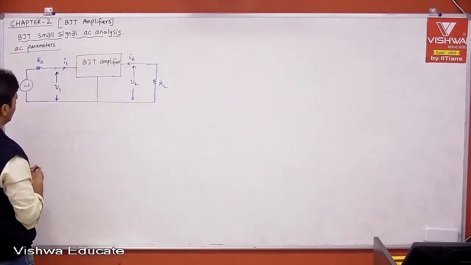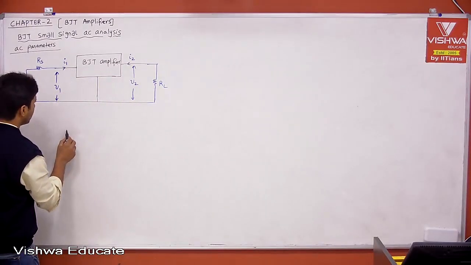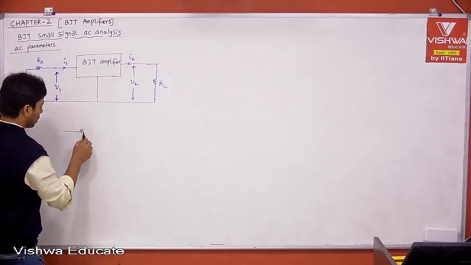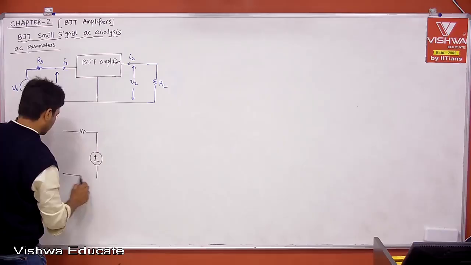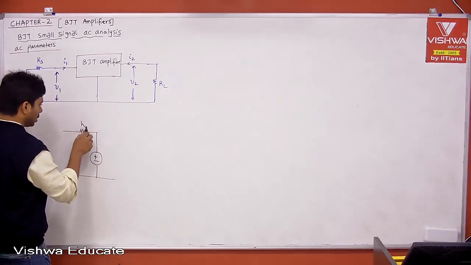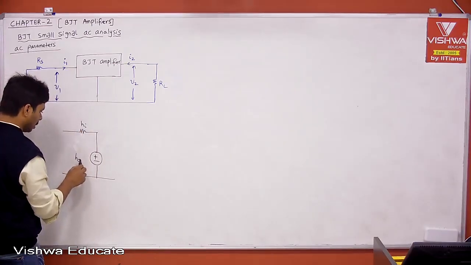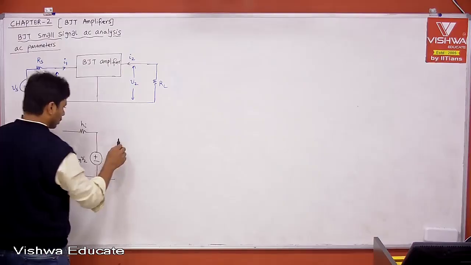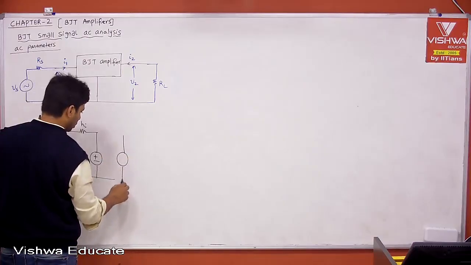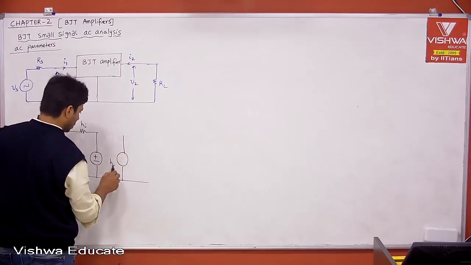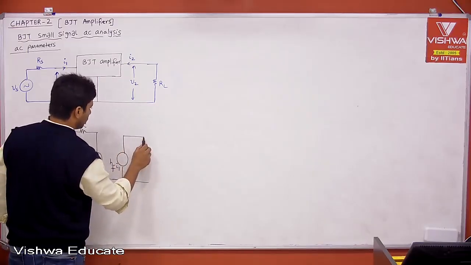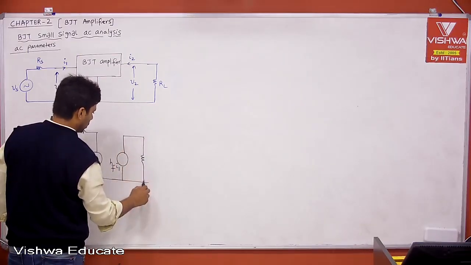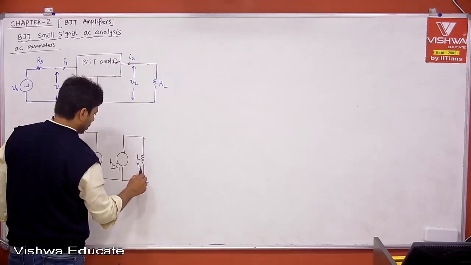If I replace it, we know this is HI, and this is HR into V2, and this is our current gain, HF into I1, and this is 1 by HO.